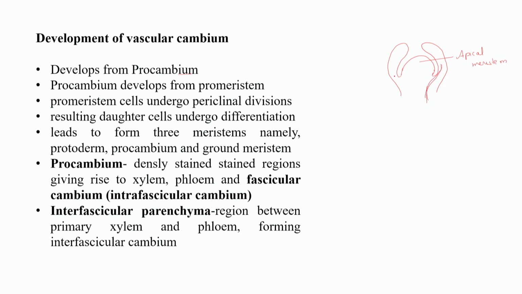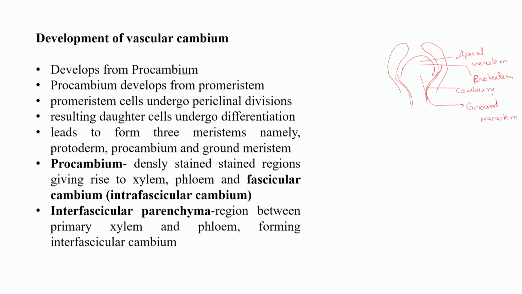So the outer one will be the epidermis, or will be known as protoderm. Then you have procambium, then you have ground meristem.